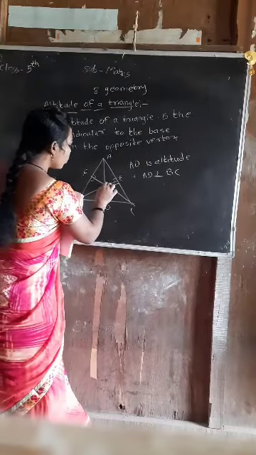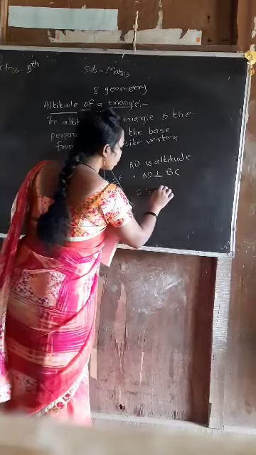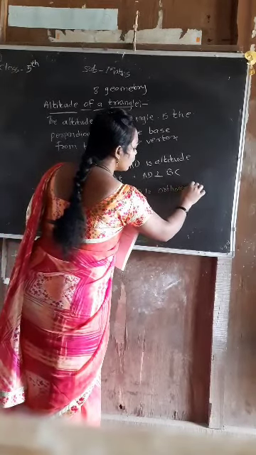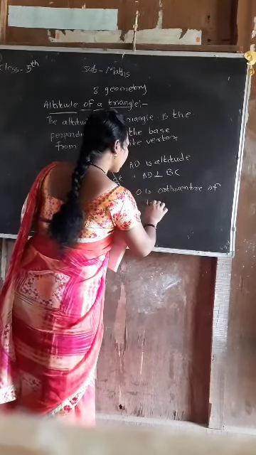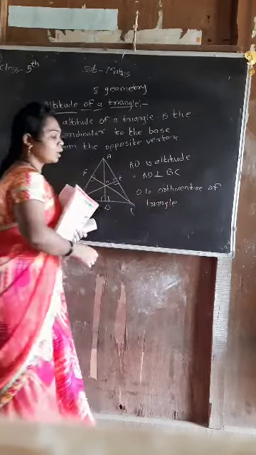This point O is called the orthocenter of the triangle. O is the orthocenter of the triangle.